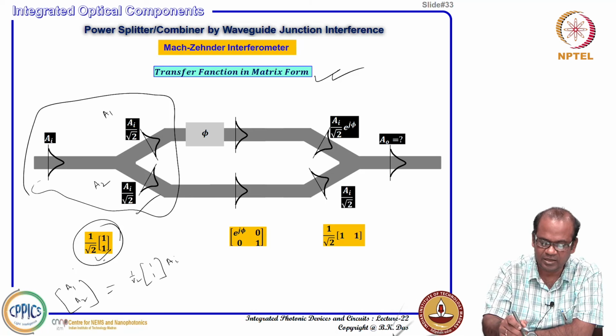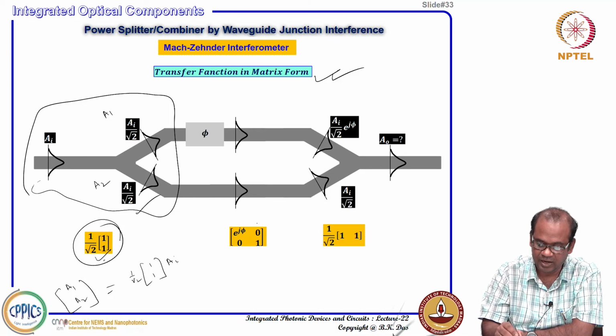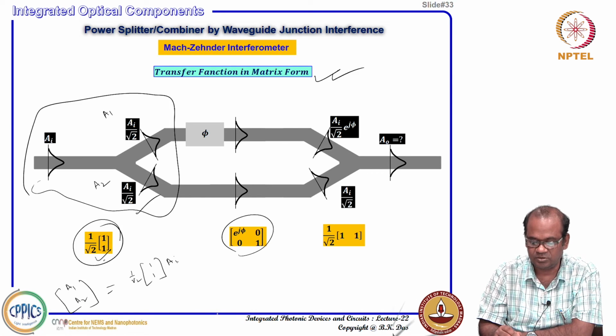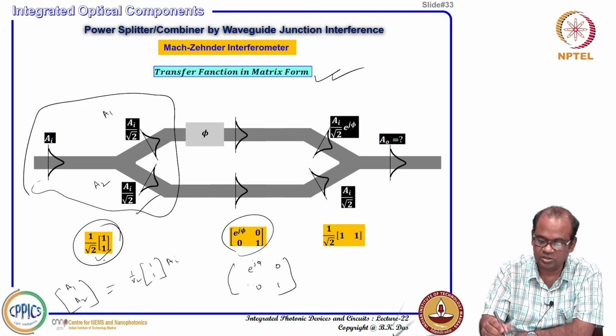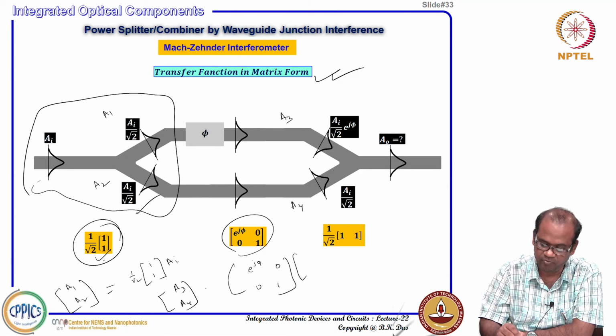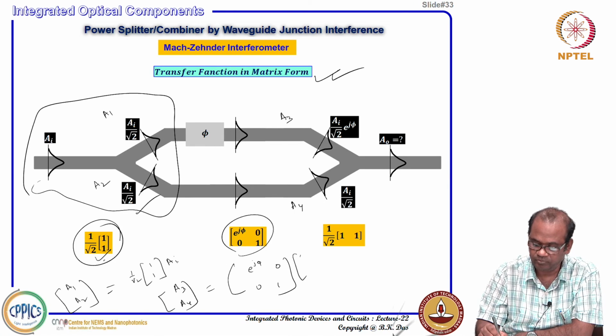And if you have a φ, then we can write this type of transfer matrix. How does it come? e to the power jφ, 0, 0, 1. Suppose the inputs are A1 and A2, and you want to get A3 and A4.